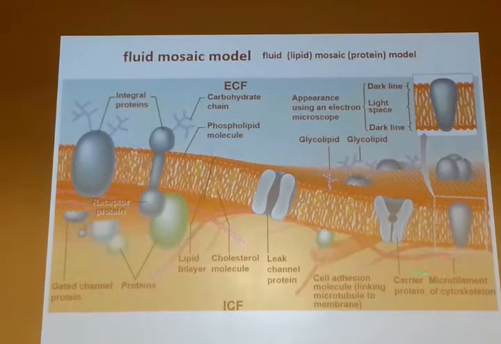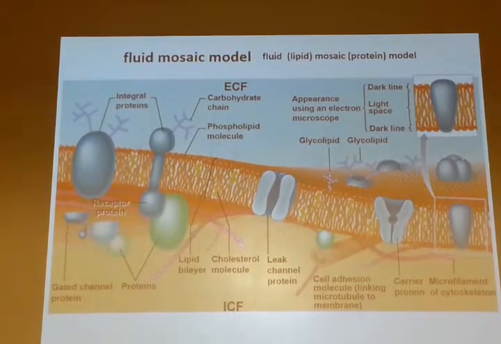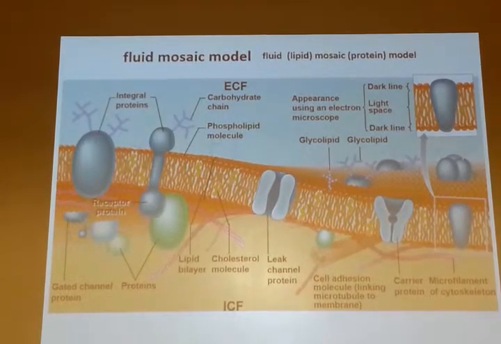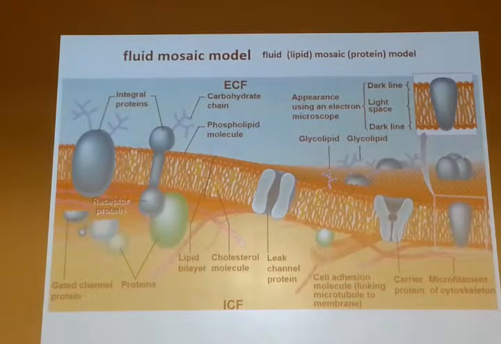So these are acting as movement molecules. Microtubules also can act for movement. Sometimes it's intracellular movement.